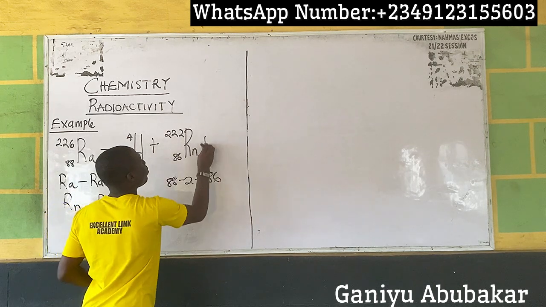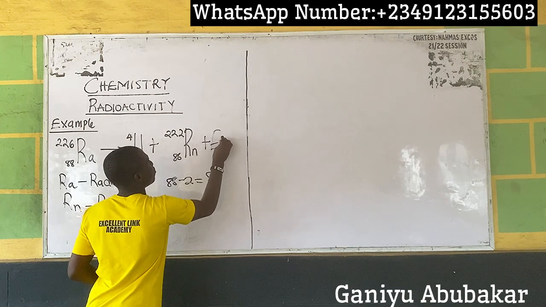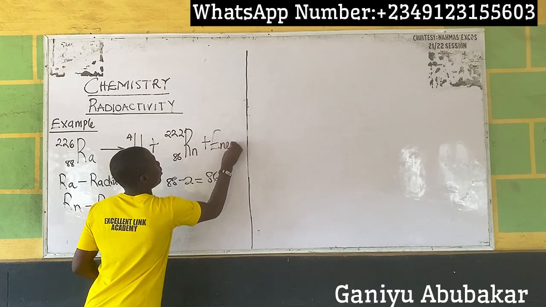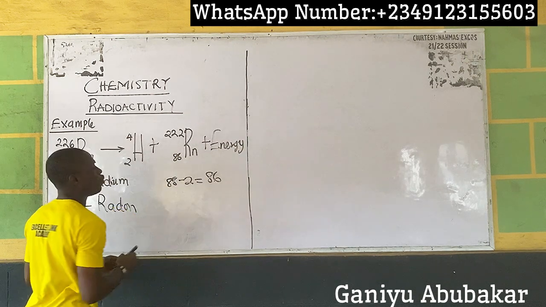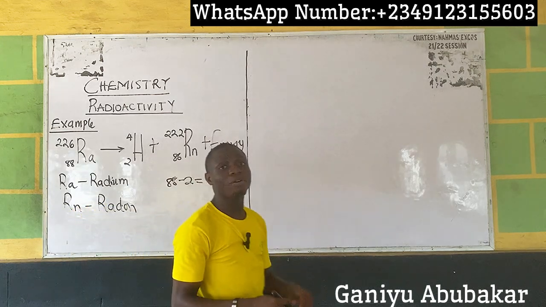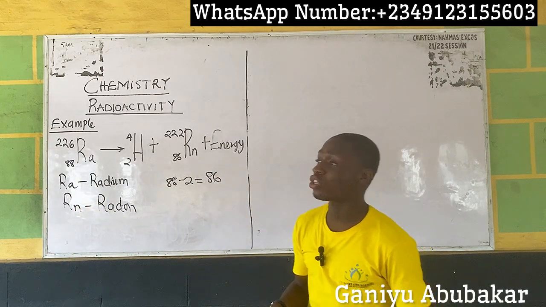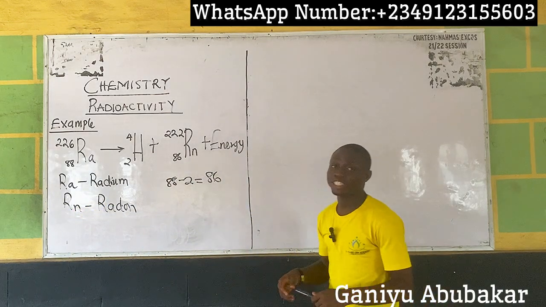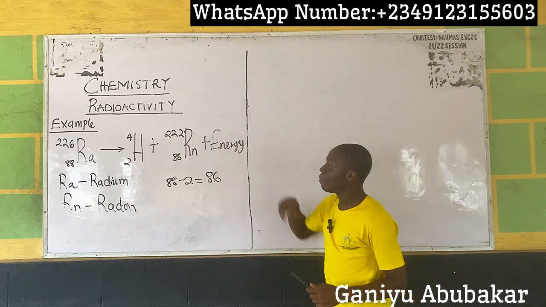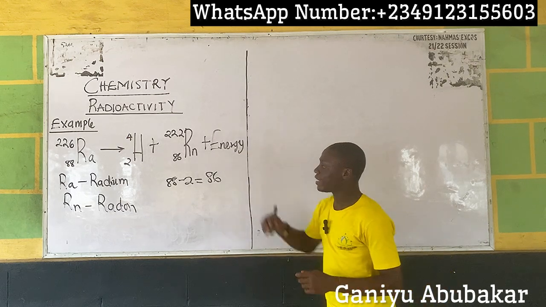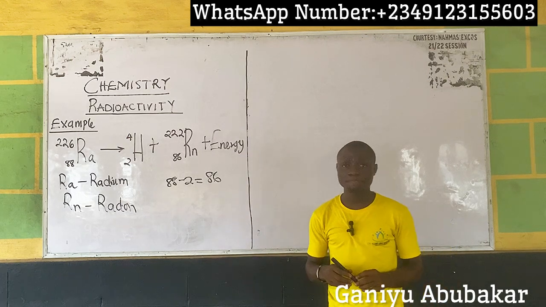And of course, please always add plus energy at the end of the equations. The energy produced during the reaction is called nuclear energy, or heat energy. So I have this example under alpha decay.